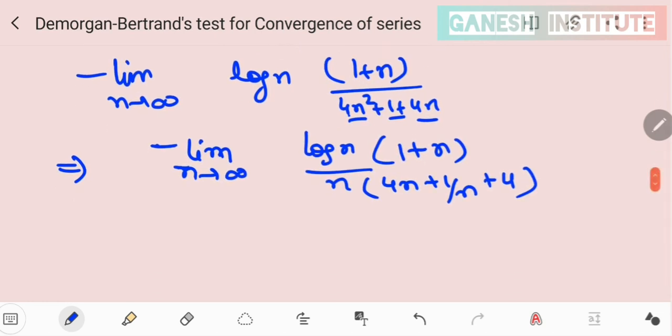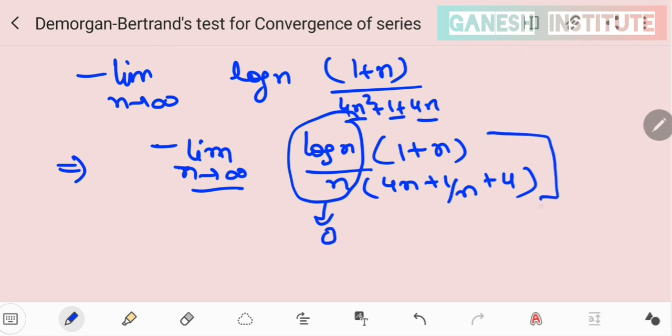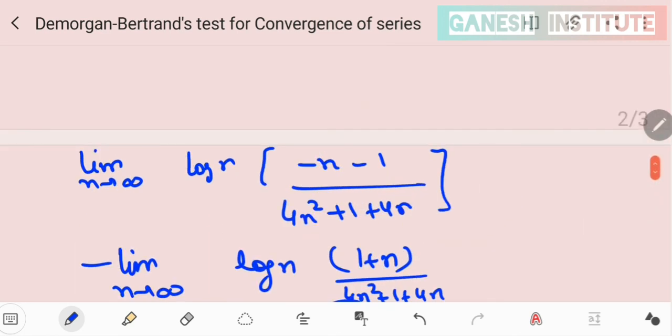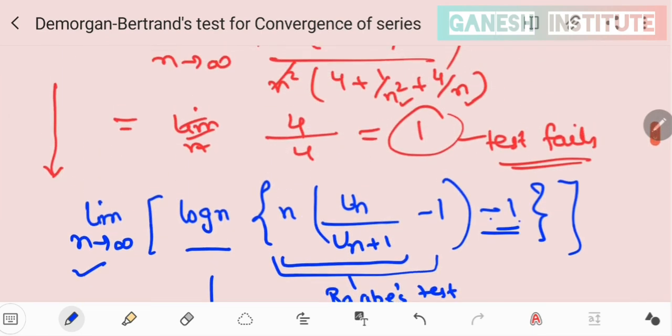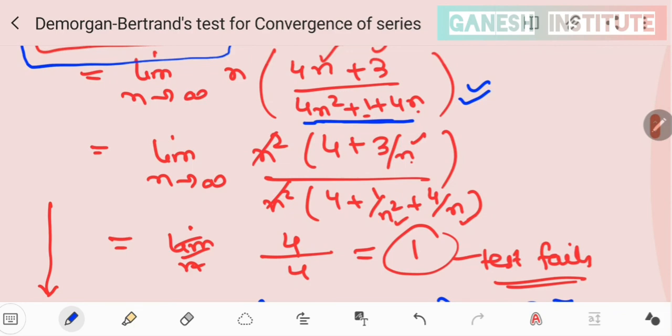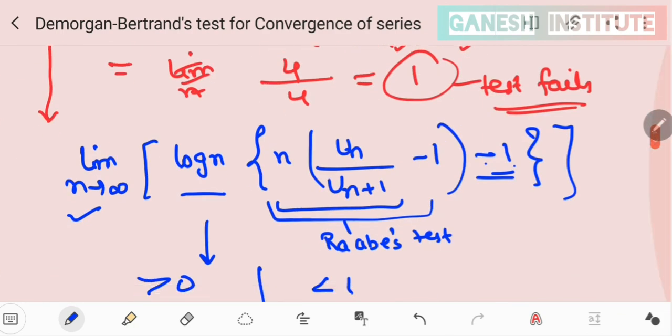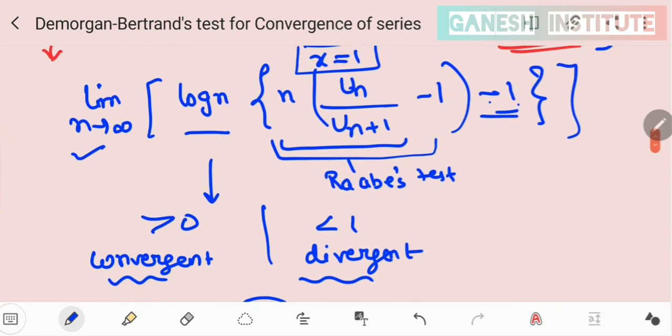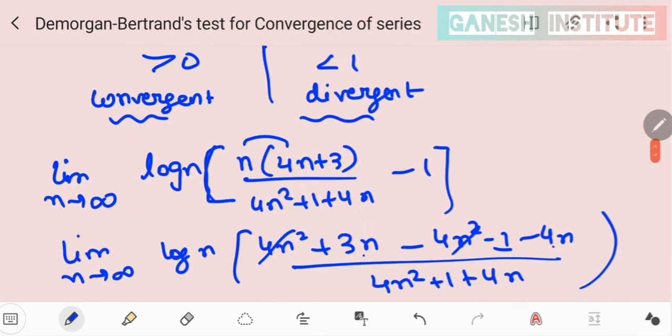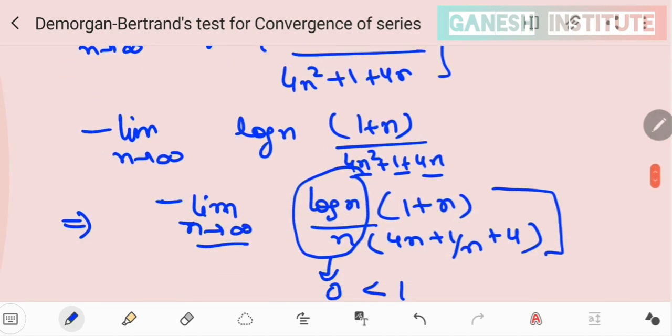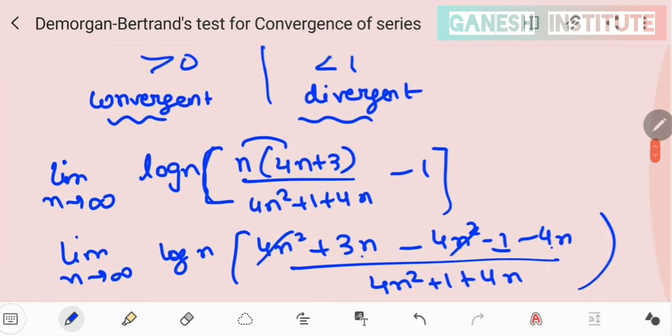You know that the value of log n by n, limit n tends to infinity, is 0. So you don't need to worry about this bit. It already got 0, and you know that 0 is less than 1, right? So the value at x equals 1, where all other tests were failing, when we apply this test, the value comes out less than 1, right?